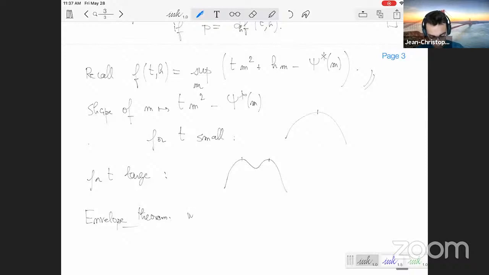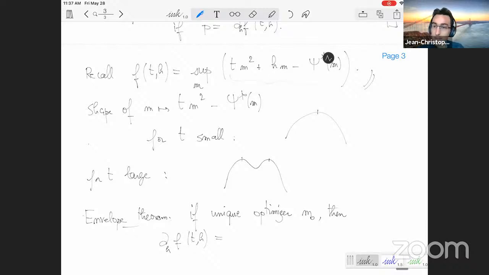So if there is a unique optimizer m0, then d_h f of t,h is equal to what we obtain when we differentiate in h inside the supremum. And so it's just m. So we get m0.